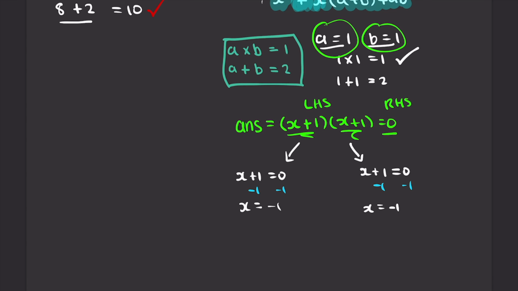However, that's for another day, because sometimes you might see, I don't know, x equals 3 and x equals -4, depending on the equation. But for this example, we got x equals -1, x equals -1. So your final answer is x equals -1, and that is correct.